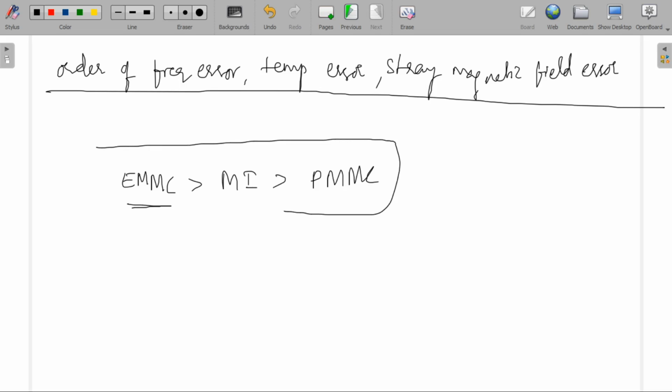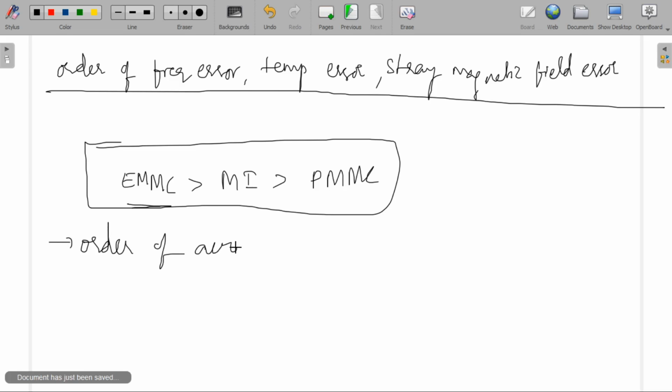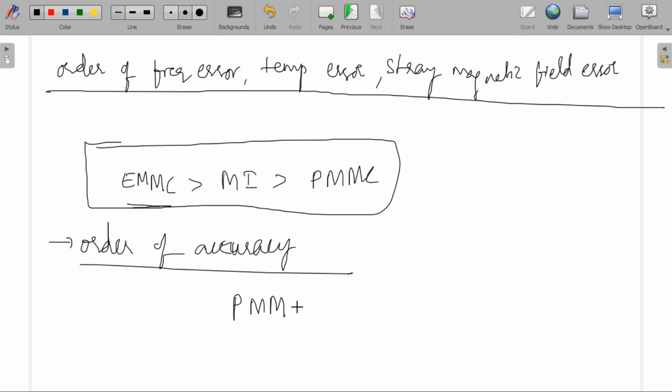This is the order. Coming to the order of accuracy, order of accuracy will be like this. PMMC is having more accuracy. It is more accurate than MI. MI is more accurate than EMMC, electromagnetic moving coil or dynamometer type instrument.